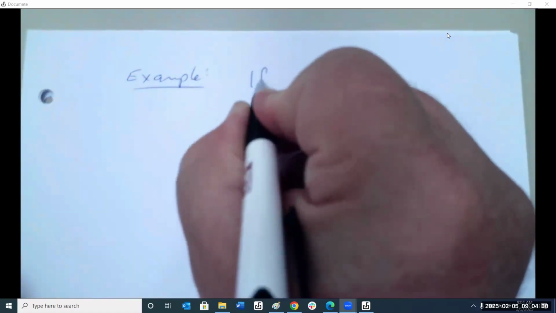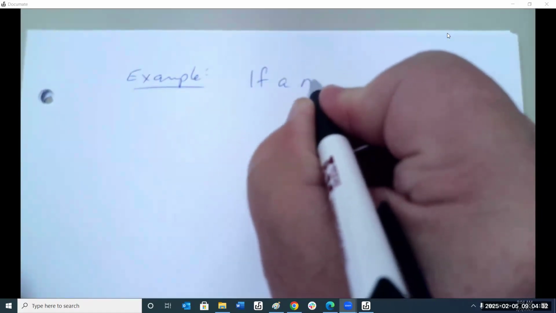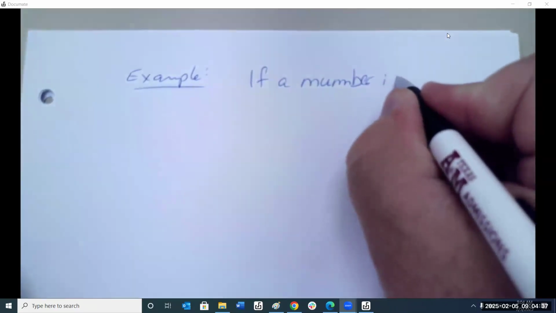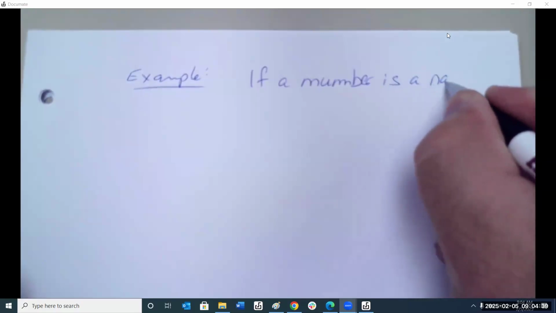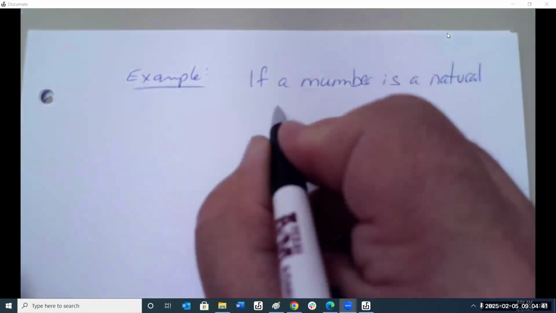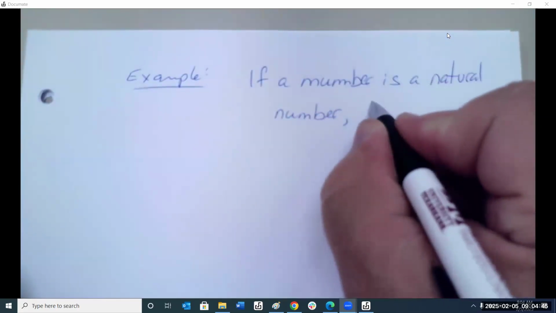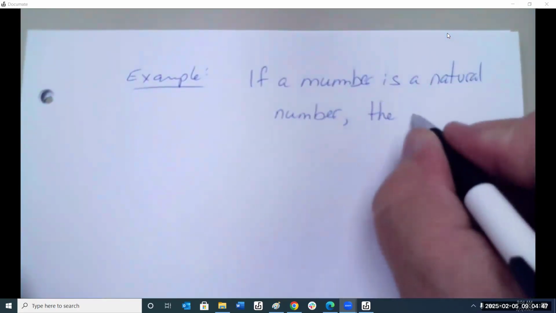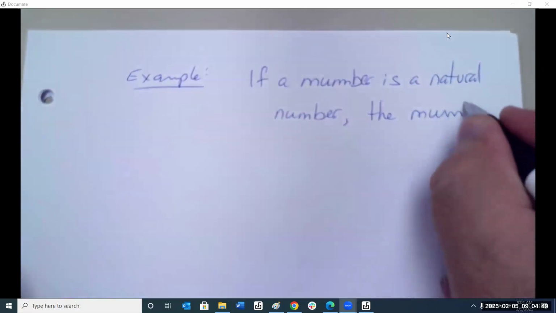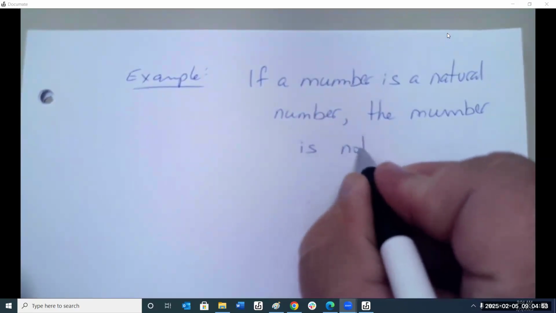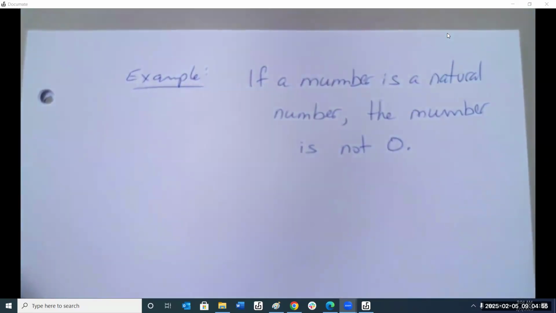Okay. If a number is a natural number, the number is not zero.